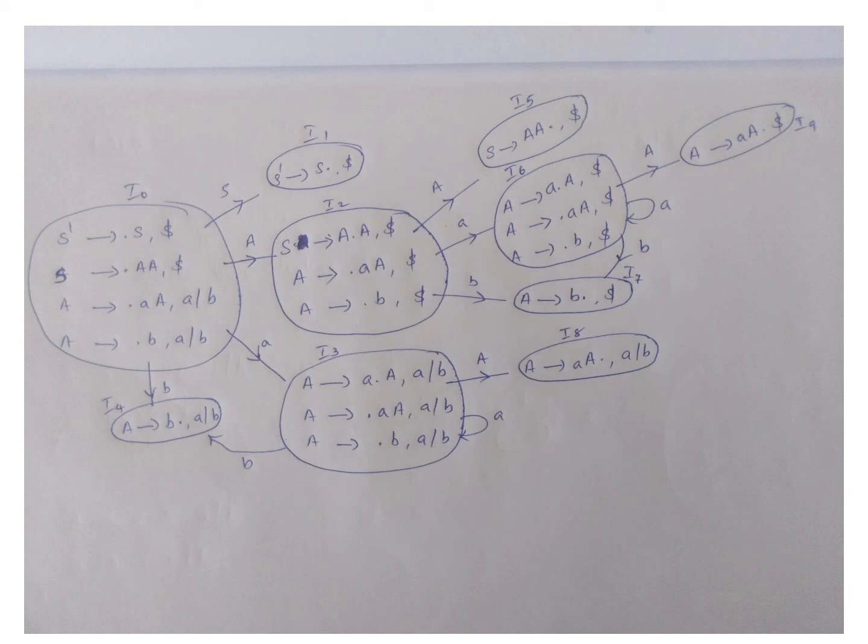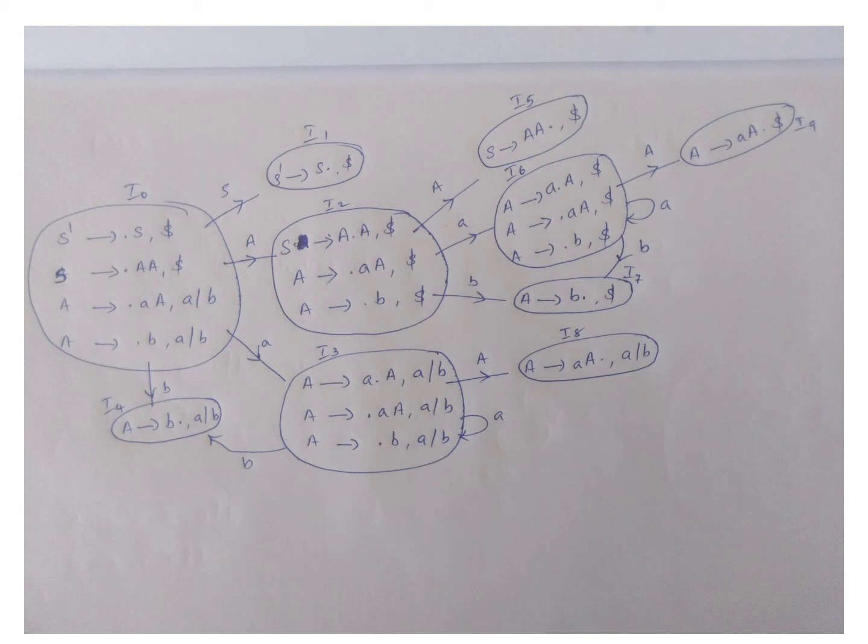So when we consider the goto for small a, the terminal a, what will we get? We move the dot from here to here, so we can write A gives a dot A. And how does this a or b lookahead come?